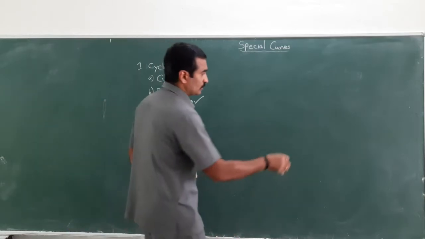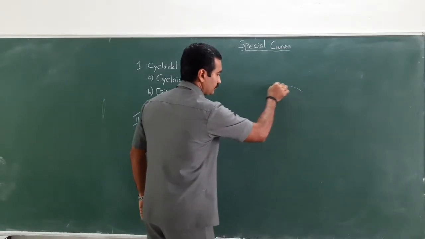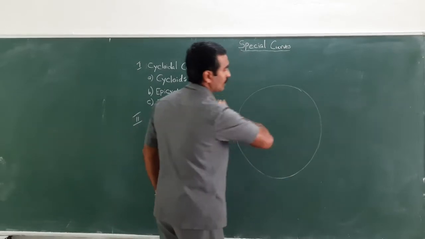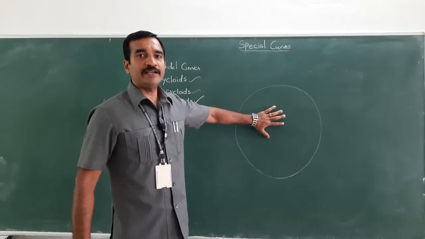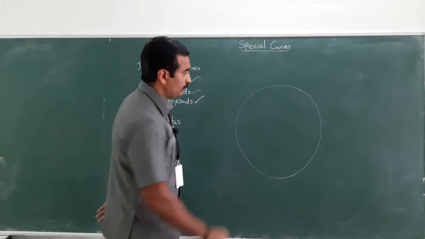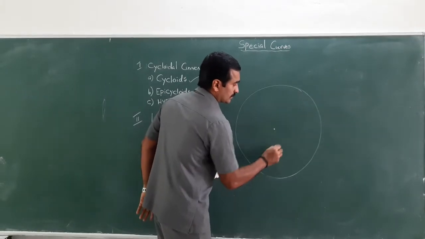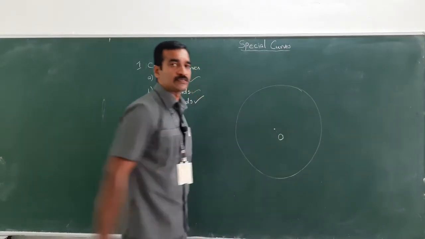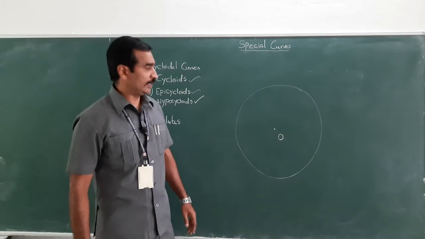So, now, this is the directing circle or the base circle. Its center can be denoted as O, right?